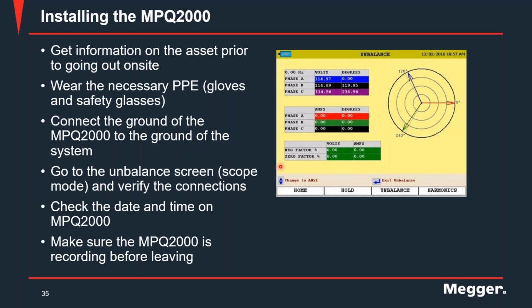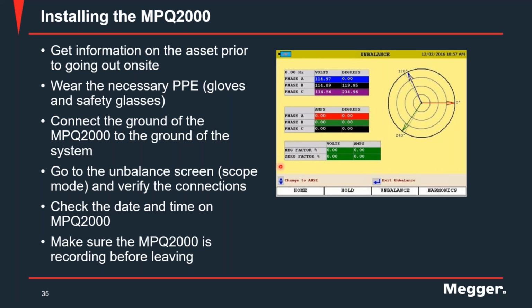And typically the loads are inductive in nature, so you will see the current vectors placed at an angle clockwise with respect to the voltage angles. You'd be able to see what the phase rotation is. So it gives you a lot of information. I would recommend going to the unbalanced screen, taking a look at it just so you can yourself verify that you have done the connections the right way.